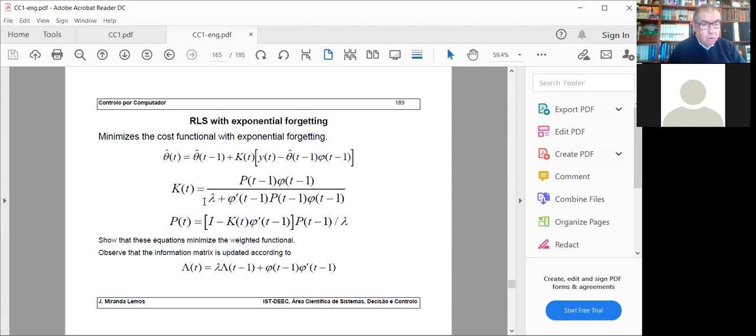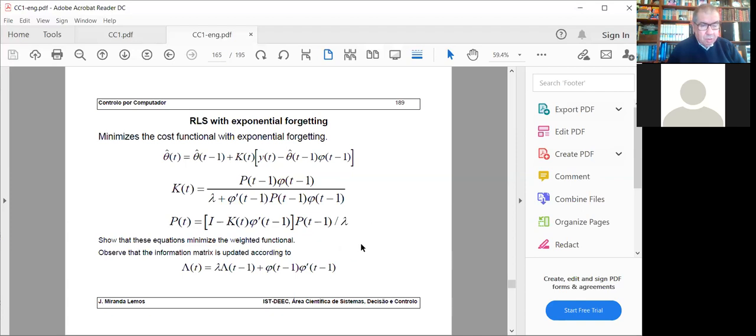So this is a correction matrix that depends on the data, and the Kalman filter, which also depends on P. But this is a correction term, and you have P of t minus 1, and then you divide by lambda. Lambda is smaller than 1, so it's like multiplying this by a number which is bigger than 1. So you are increasing P.